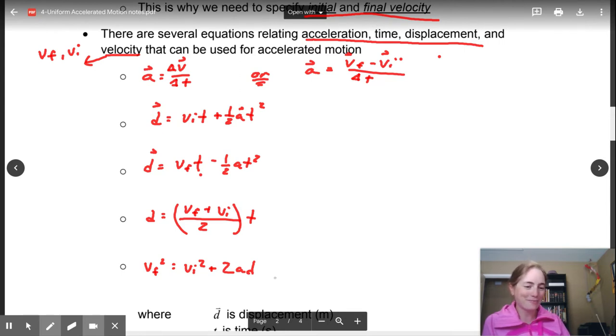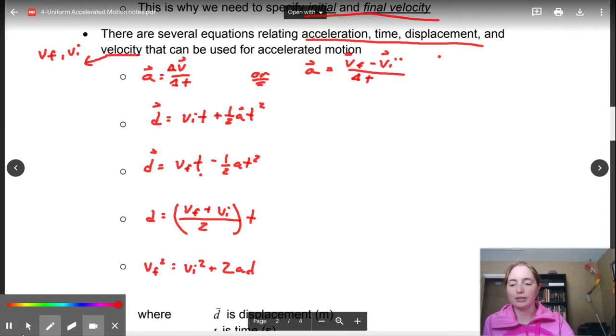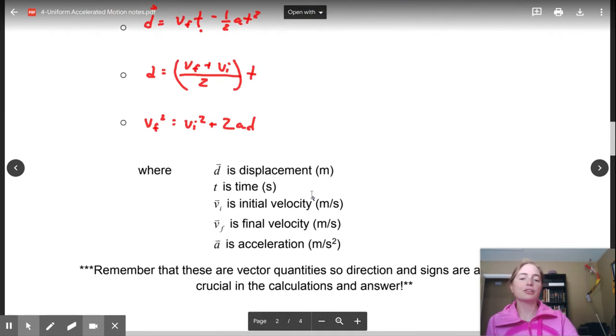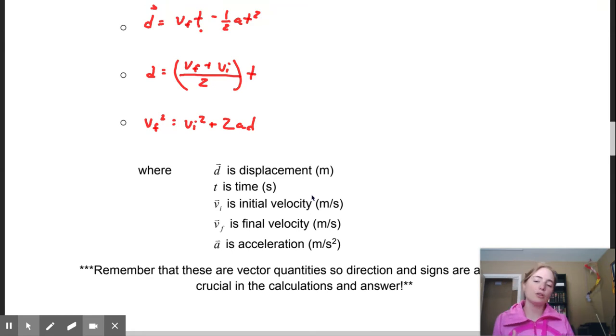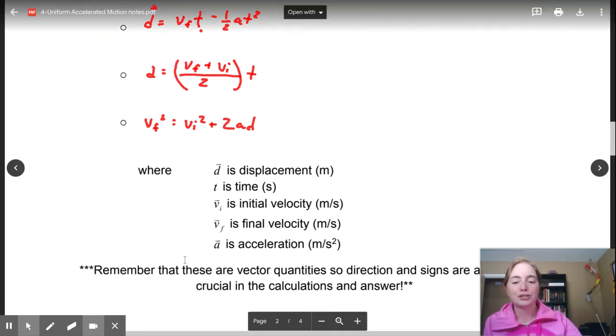Okie dokie? All right. So, and then what we also have here as well, of course, this doesn't want to scroll. Oh, come on, computer. There we go. So there's your list of all of what the letters represent and all of their standard units. So for your displacement, it's in meters, time, seconds. v_f and v_i, their units are in meters per second.